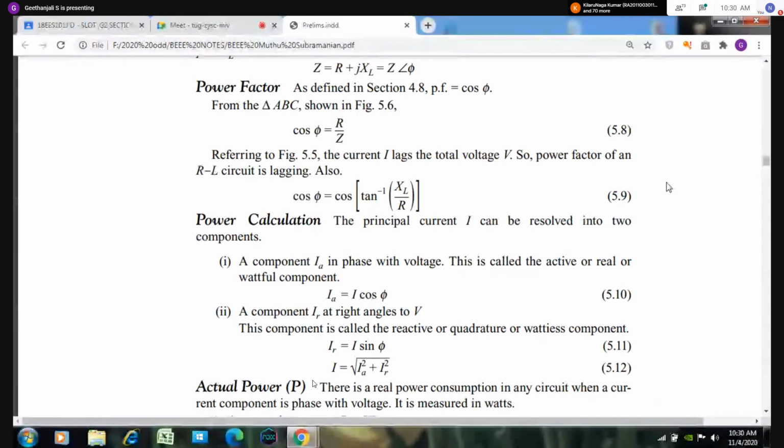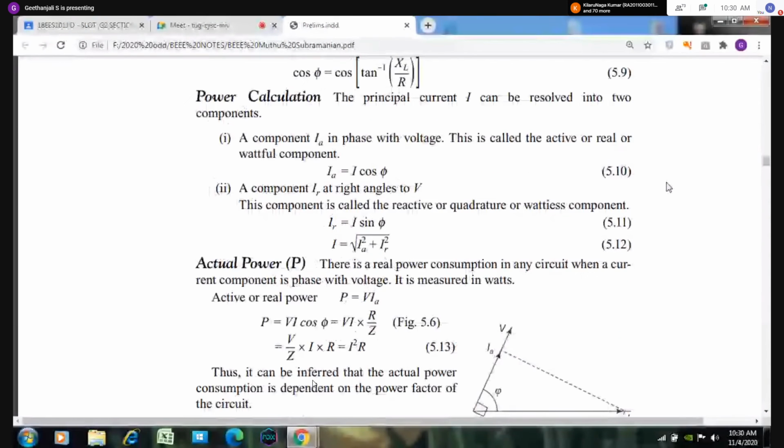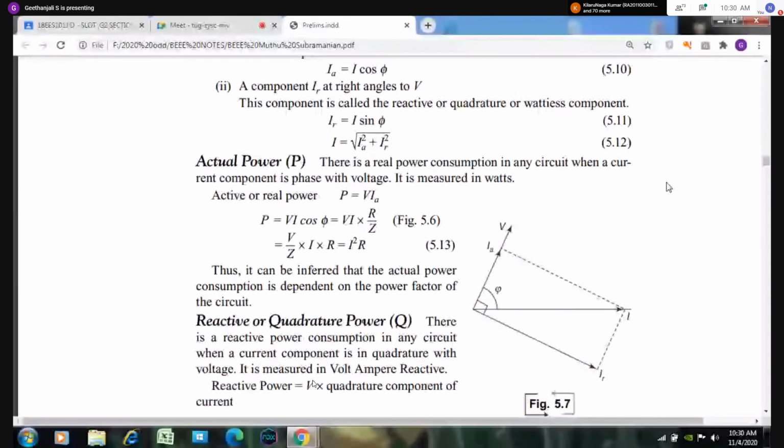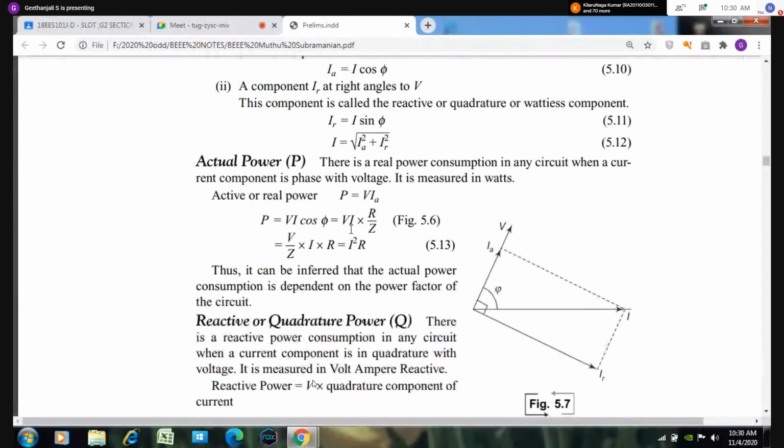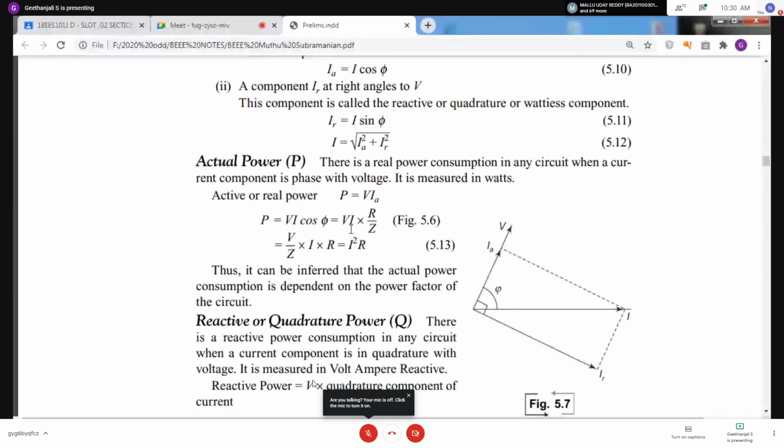The IA expression is I cos phi, so substituting it, P is equal to VI cos phi, where cos phi from the triangle is R by Z. So P is V by Z into IR, where V by Z is I, which gives P is equal to I square R. So P, the actual power or active power or real power, is I square R.